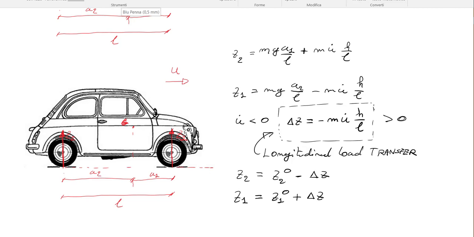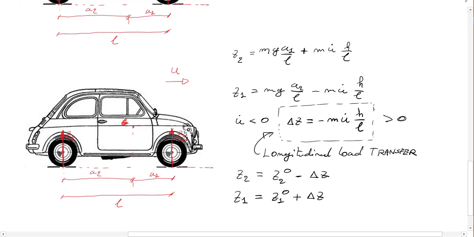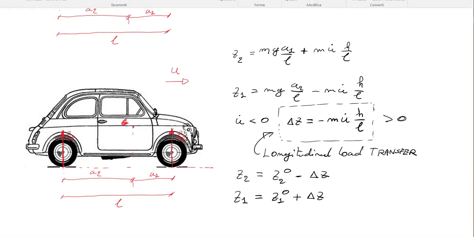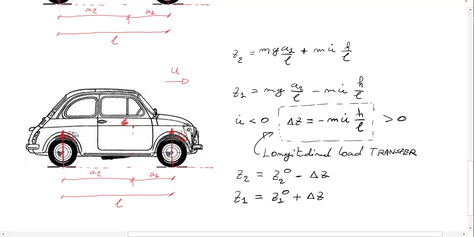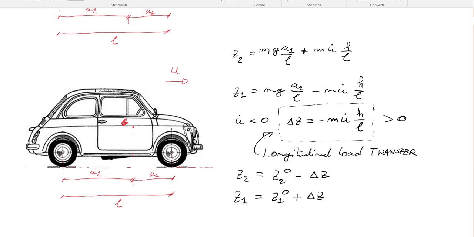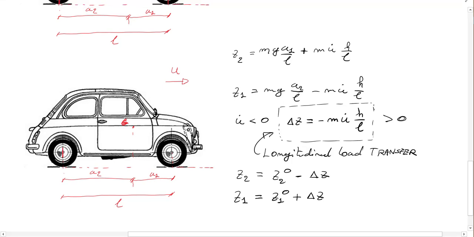So here we have to adjust our force, because now, during the braking phase, here we have Z2 and here we have something higher than Z2.